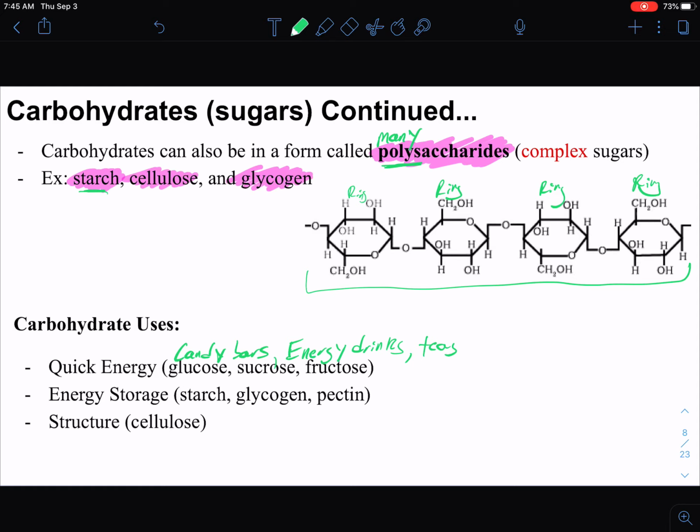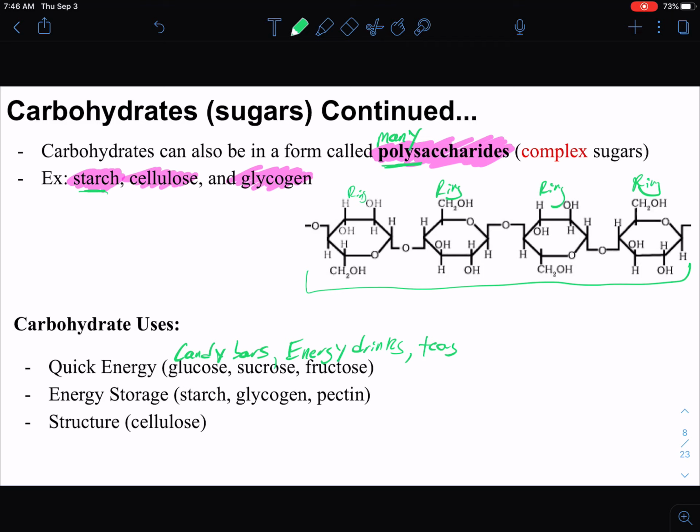An example you could think of would be the difference between putting a whole bunch of newspaper in a fire compared to putting something like a piece of oak wood in the fire. The oak wood is going to burn still, but it burns longer than that little bit of newspaper. The newspaper just burns up real fast and disappears. The newspaper would be your quick energy, your simple sugars. And your oak wood would be your energy storage or your complex sugars.